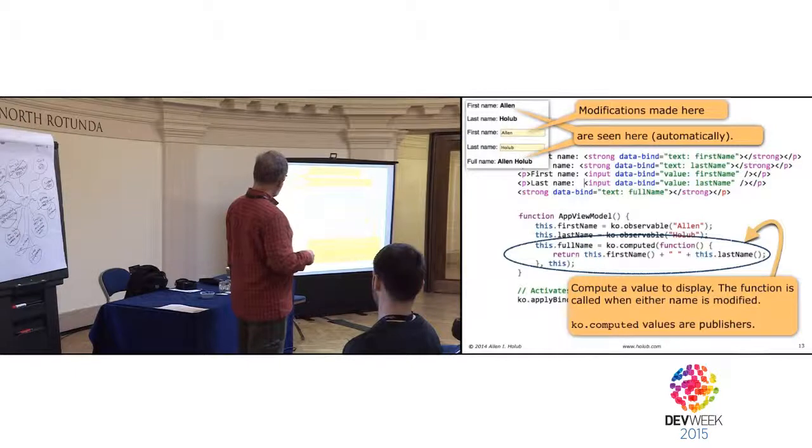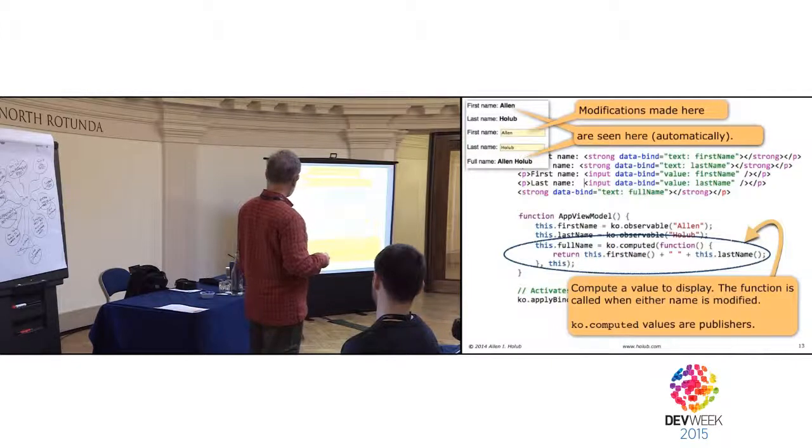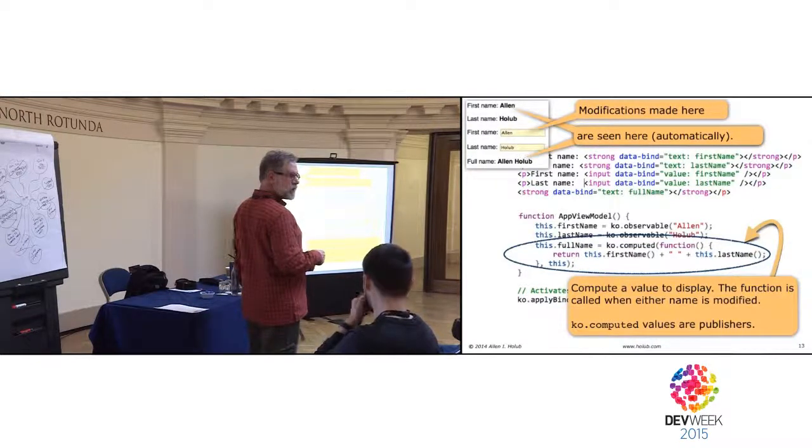In other words, full name changes, so this data binding will recognize that and update this field. But in order to make that magic happen, we need to do a little bit more than just change things. We have to tell Knockout, you've got to look for changes to happen. Okay, is everyone seeing how this is working?